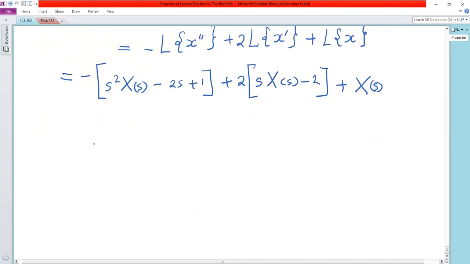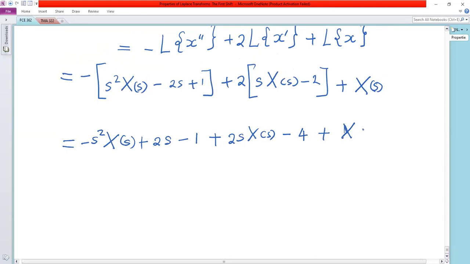So which will give us negative s squared capital X of s plus 2s minus 1, and then plus 2s capital X of s minus 4, and then plus capital X of s.